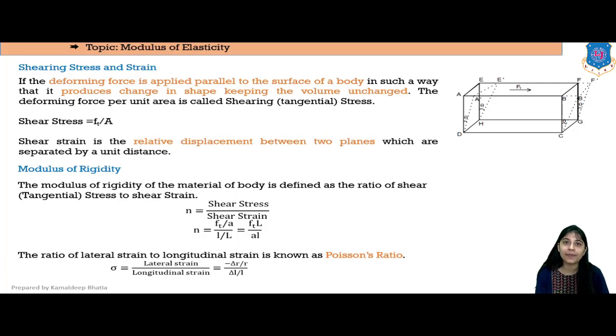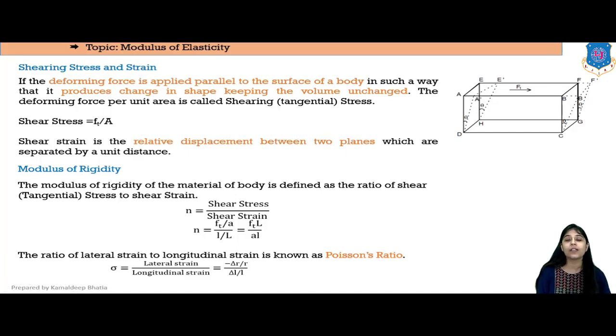So it is mathematically expressed as F t into capital L upon area into small l, where small l is the change produced due to the deforming force applied to the body. So this is all about modulus of rigidity, which also has the unit Newton per meter square, same as stress, as strain is unitless.